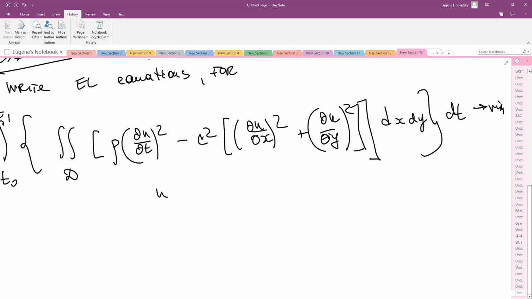In this case, u is a function of 3 independent variables, x, y, and t. So we use these conditions.